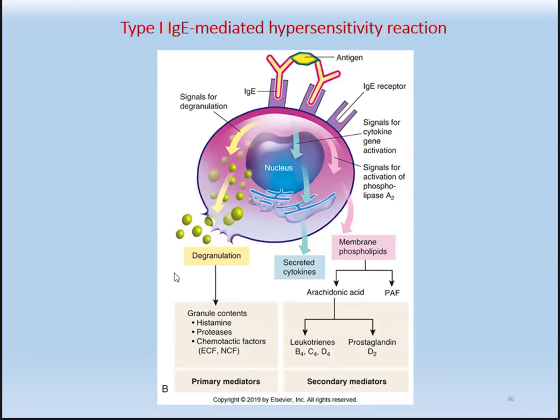You can see here some of the contents of granules. So we have primary mediators and secondary mediators. Histamine, proteases, and chemotactic factors are released in degranulation, and then leukotrienes and prostaglandins as part of a secondary mediation.